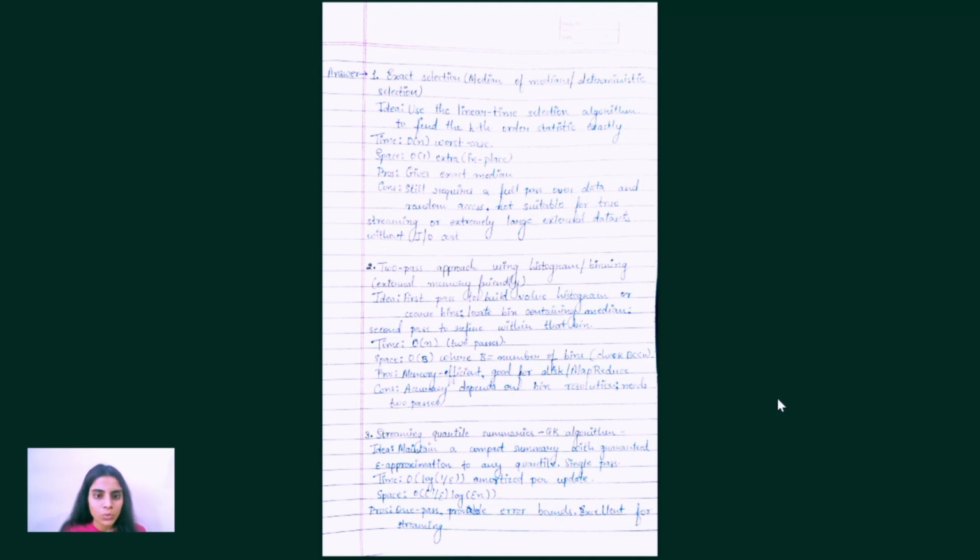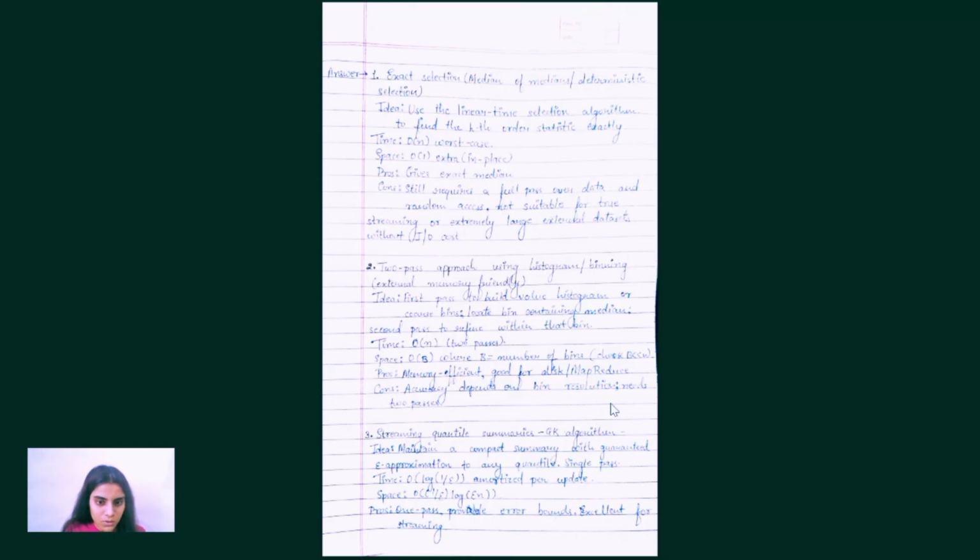After it, the two pass approach. In the first pass, build a value histogram and locate the bin containing the median. So the time complexity here is big O of n and the space complexity is big O of b. After it, streaming quantile.